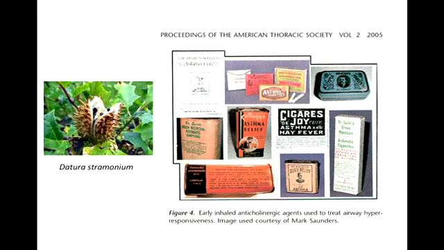Historically, inhalation of Datura stramonium, but also atropine-like cigarettes, had been used for a long time, since Egyptian times, Roman times, to treat airflow limitation, burning these alkaloids from plants that had atropine or atropine-like substances. In fact, you could buy asthma cigarettes well into the 1940s, also used to treat COPD.